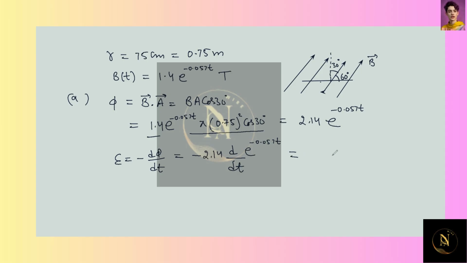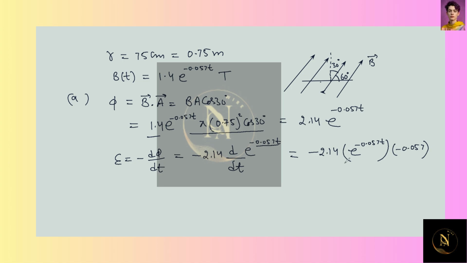This differentiation comes out to be minus 2.14 into e raised to the power minus 0.057 t as it is, then the differentiation of the power, which is minus 0.057.